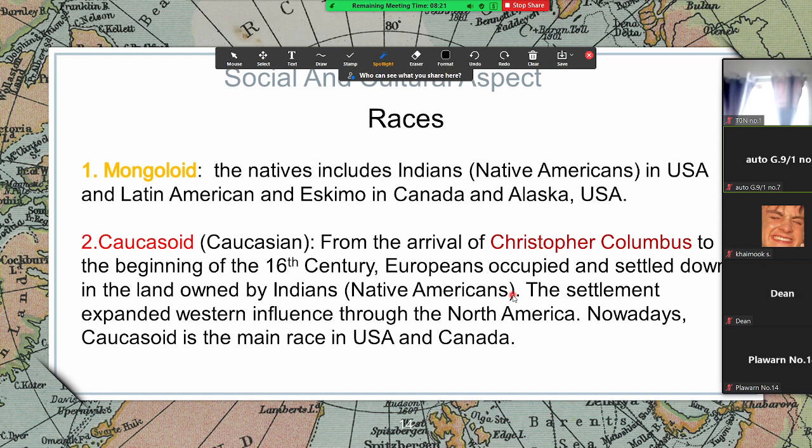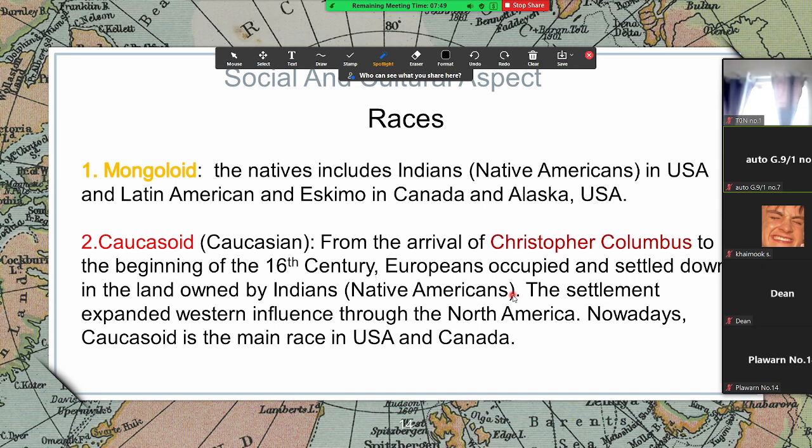Nowadays, Caucasoid or Caucasian is the main race in the USA and Canada. This race is what they commonly call white people, people who have light or white skin.